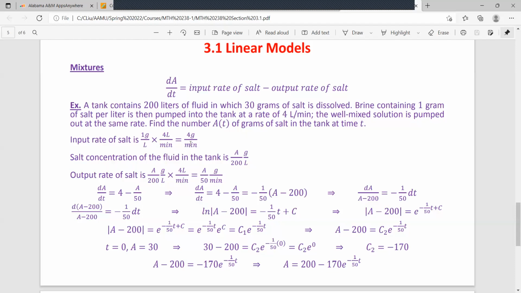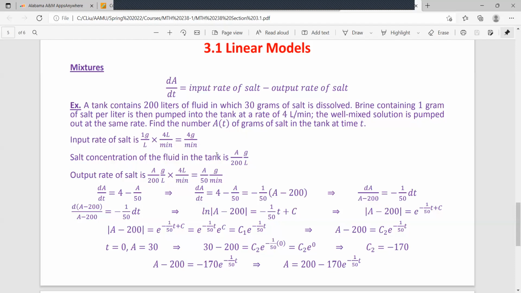Then we need to calculate the output rate of salt. But we don't know the concentration of the fluid in the tank that is flowing out. The input flow concentration is given as 1 gram per liter, but the output flow concentration we don't know, but we can use the information in the problem to write it down.